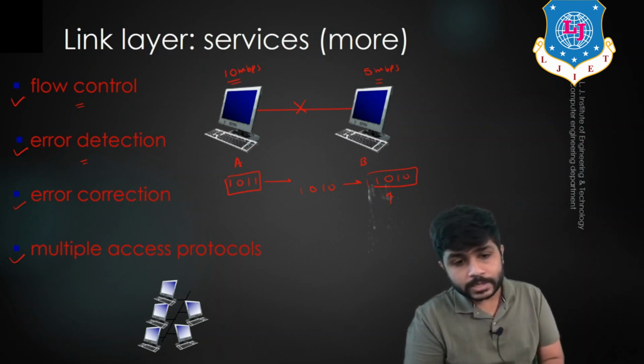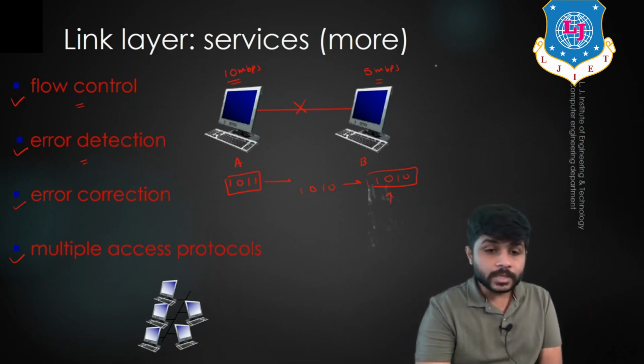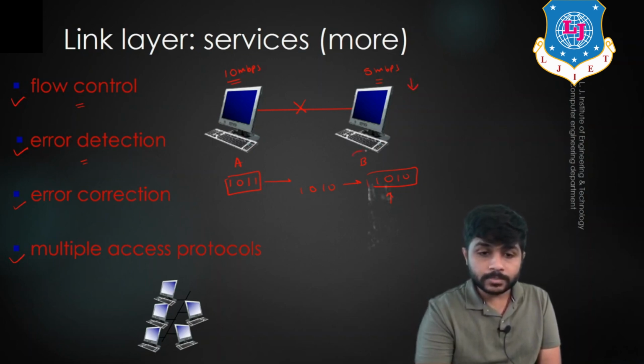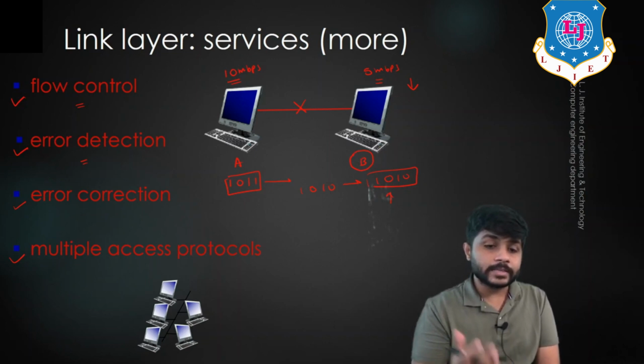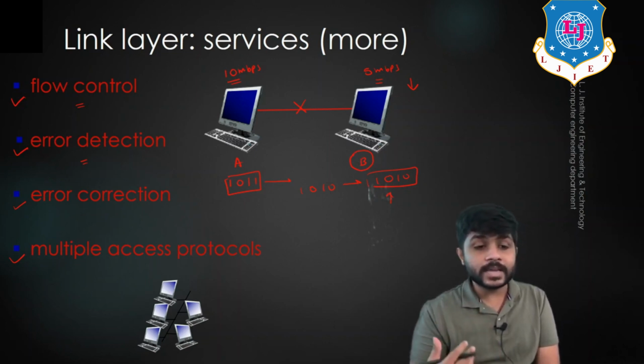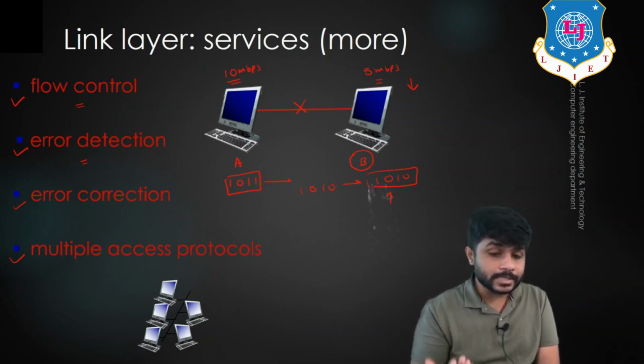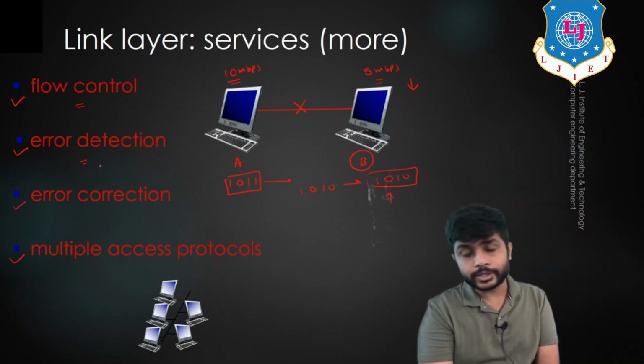So what I'm trying to say is there should be something present at the receiver side, at device B, so that it can understand whether the received data contains any error or not. The receiver should be able to detect errors, and that is known as error detection.